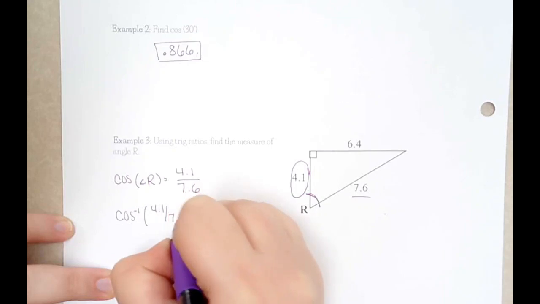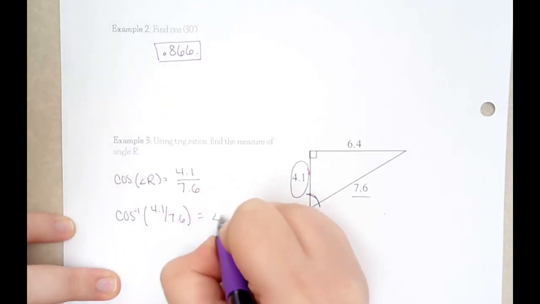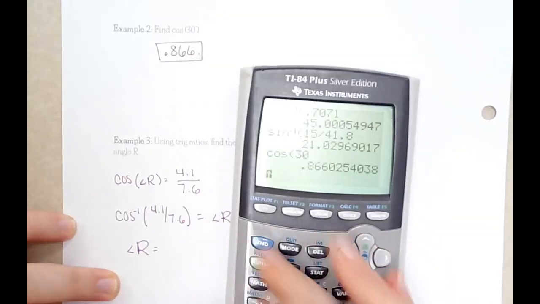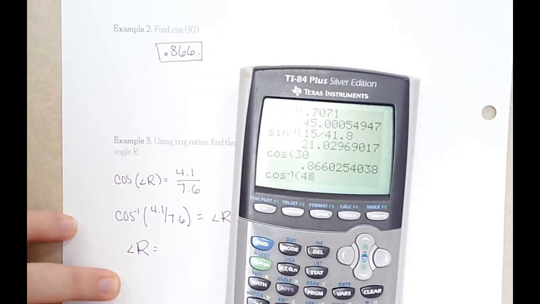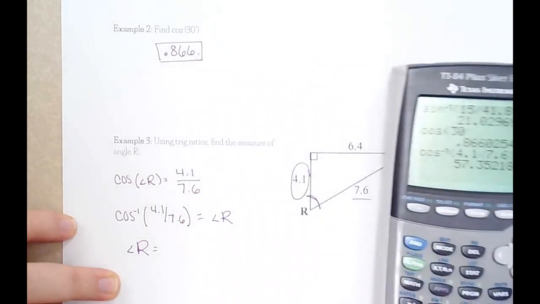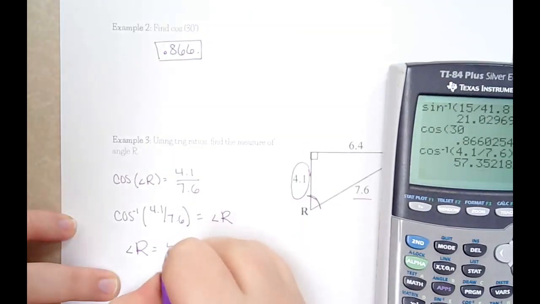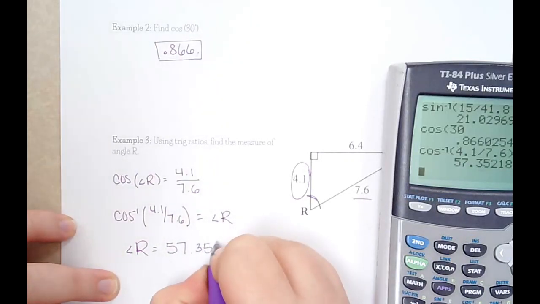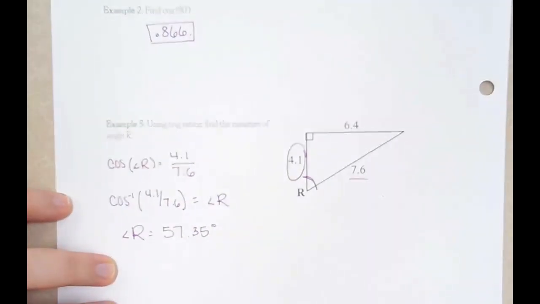When I do that, I get about 57.35. So my angle in this case is about 57.35 degrees. And again, it's just my understanding of triangles right now.